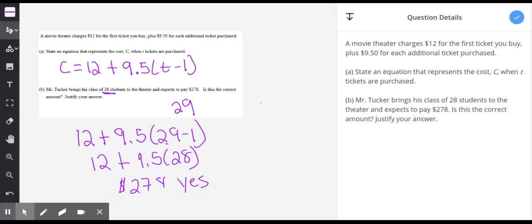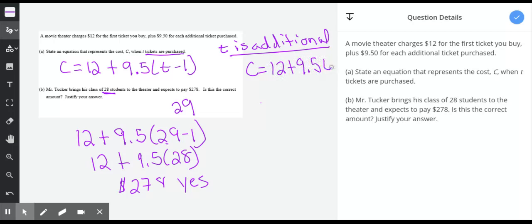Now I do want to give you another option. Up here, instead of saying T is tickets purchased, I could say T is additional tickets. If I say T is additional tickets, that would make it C equals 12 plus 9.5 T. Then when I did his, I wouldn't have to count his because his would be the original 12.